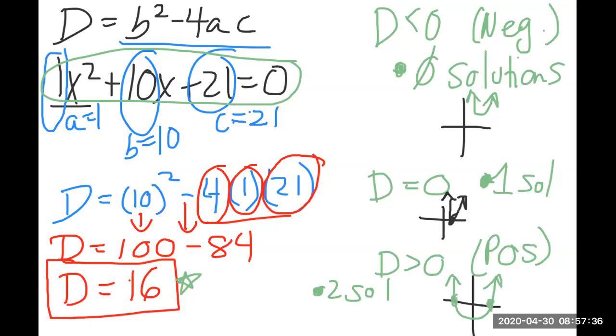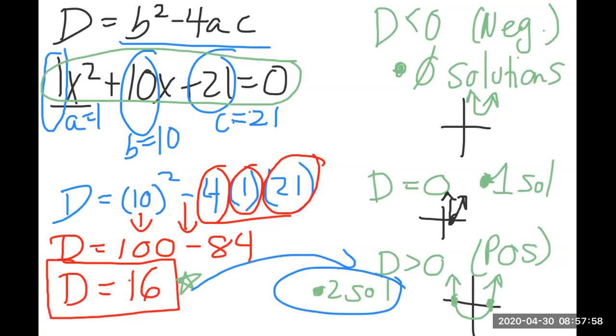So because D here is 16 for this problem, and that's a positive number, we know that there's going to be 2 solutions if we graph that equation. And remember, we can use the quadratic formula or factoring to figure out what those solutions are. But for right now, we're just going to be focusing on this discriminant part.